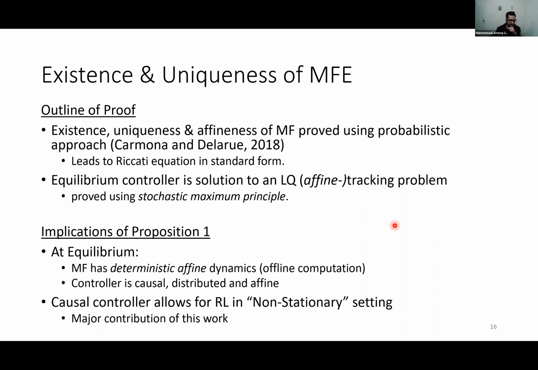Now, what are the implications of the proposition? The first implication is that at equilibrium, the mean field has deterministic affine dynamics, so it can be computed offline. Secondly, the controller is causal, distributed and affine. The causal controller allows for reinforcement learning in the non-stationary setting.